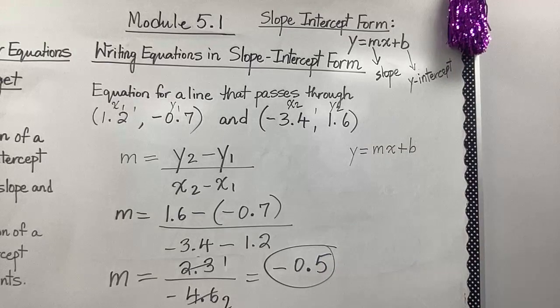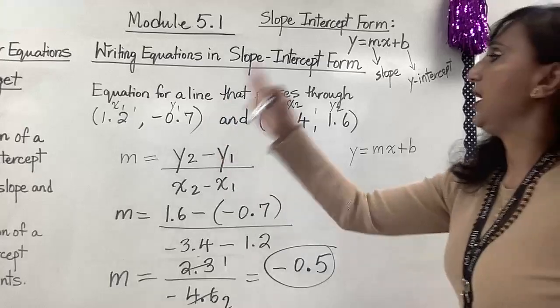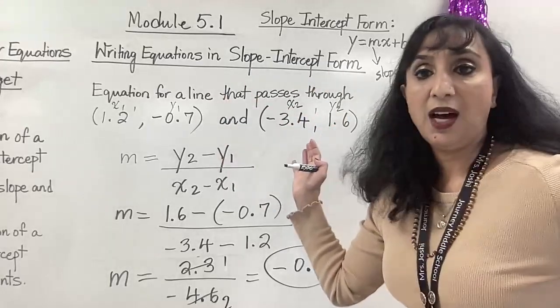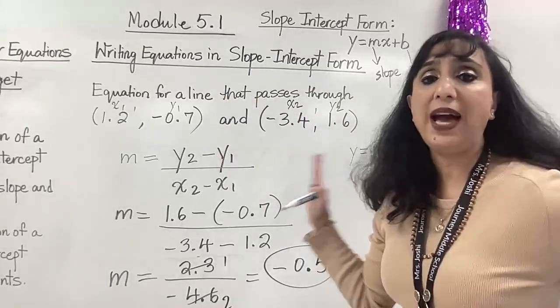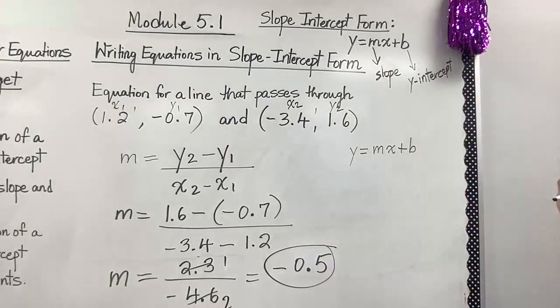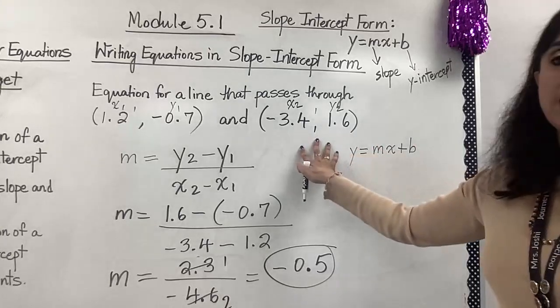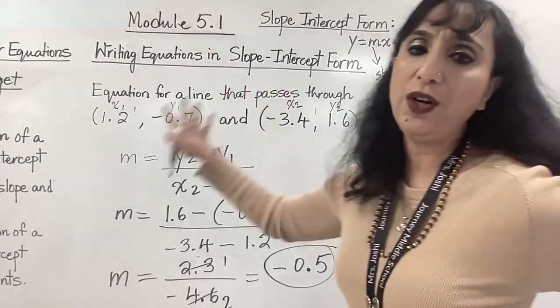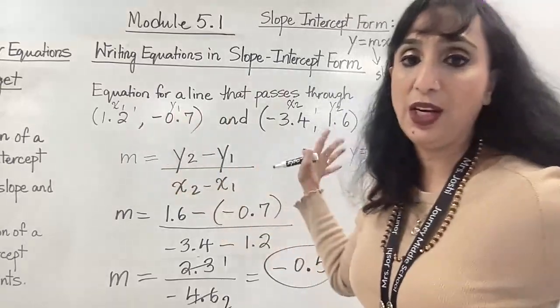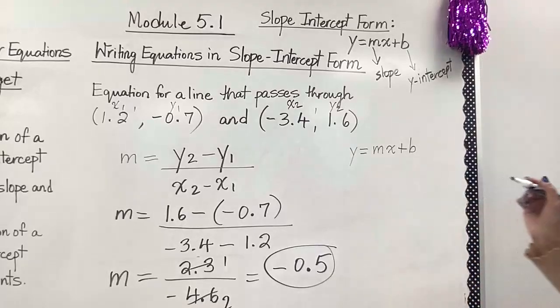Okay, and then we are going to use either of the points to substitute the value of x and y. So let's say I choose these 2 points. You can either choose this or you can choose that, doesn't matter, but you can use either of the points for substitution.